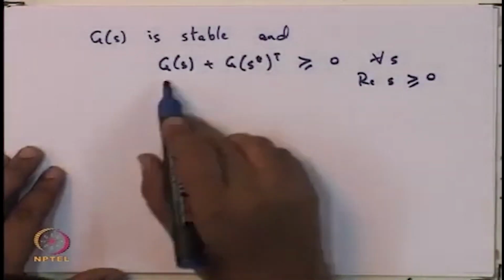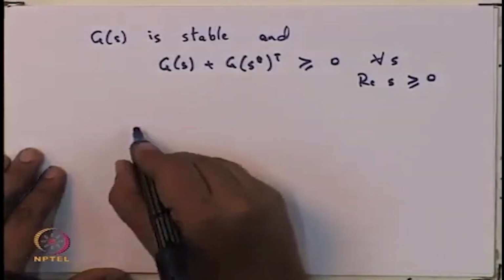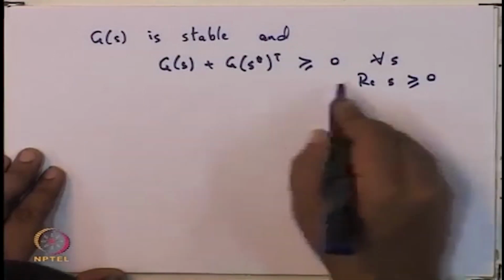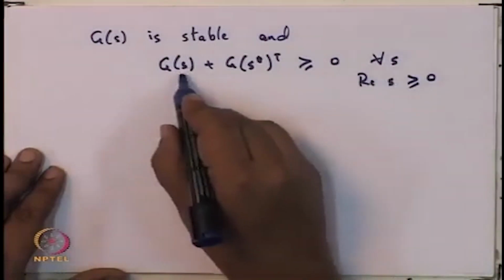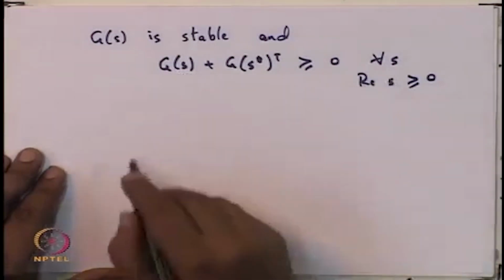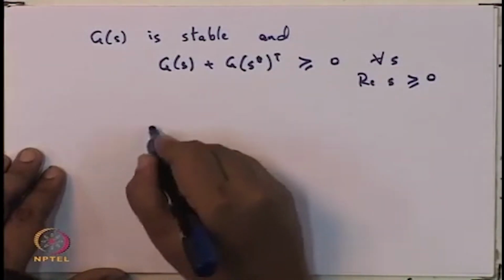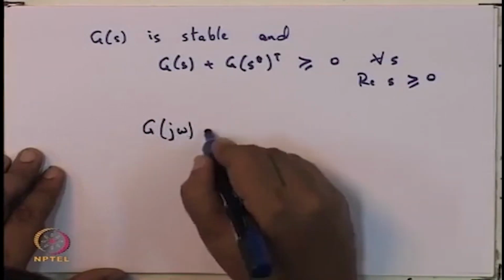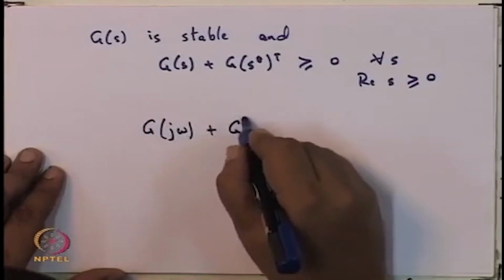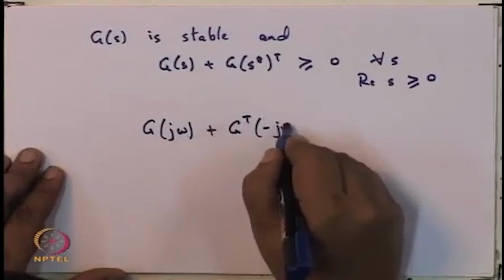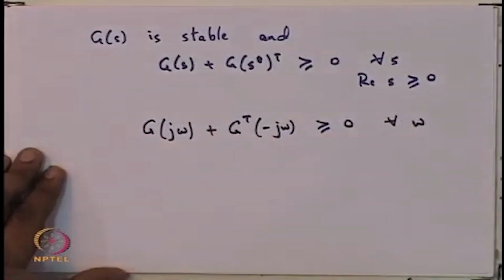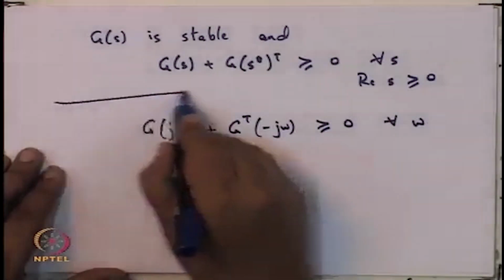Let us look at this particular thing. What this means is, if you specifically evaluate this matrix on the imaginary axis, then G(j omega) plus G transpose(minus j omega) is greater than or equal to 0 for all omega.